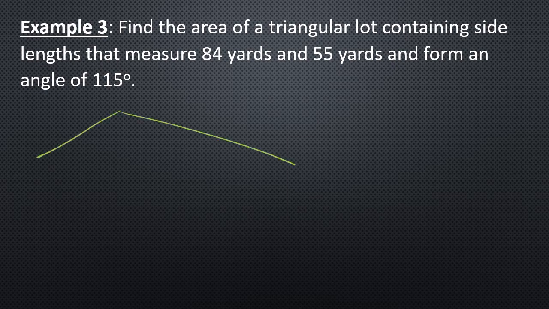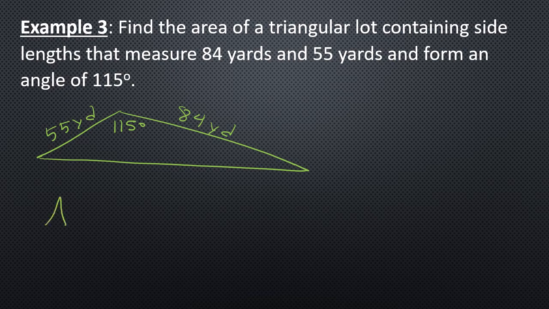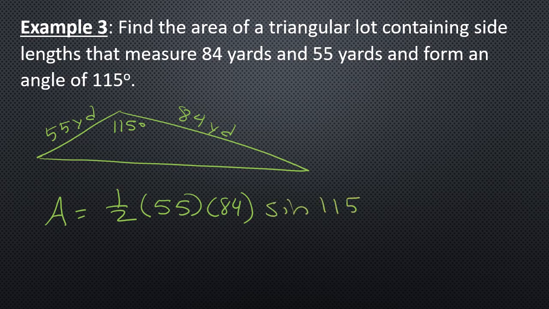So I'm going to come in here. I have a nice oblique obtuse triangle. Right here, I have my angle of 115 degrees. One of my sides is 84 yards, and one of my sides is 55 yards. So my formula for area of an oblique triangle is 1/2 side 1 times side 2 times the sine of my included angle.